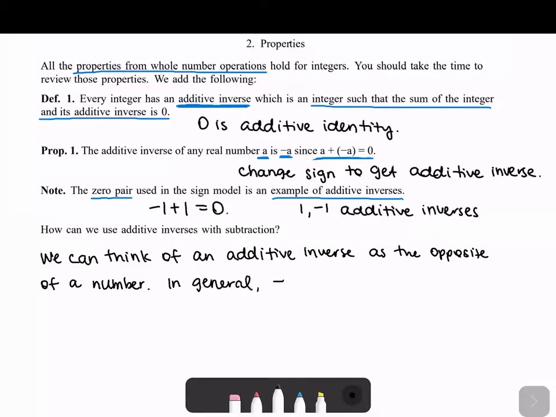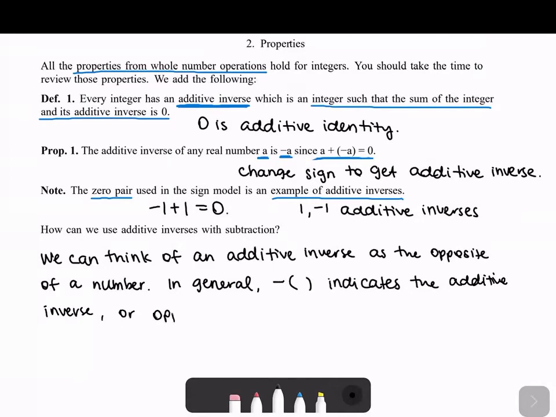if we have a negative sign in front of some parentheses, that indicates the additive inverse, or opposite, as is an equivalent way of saying this, of the expression inside the parentheses.